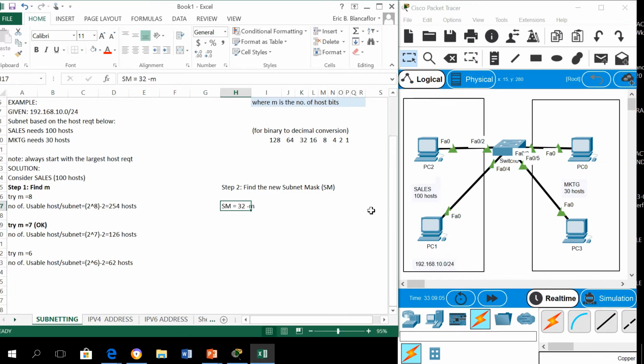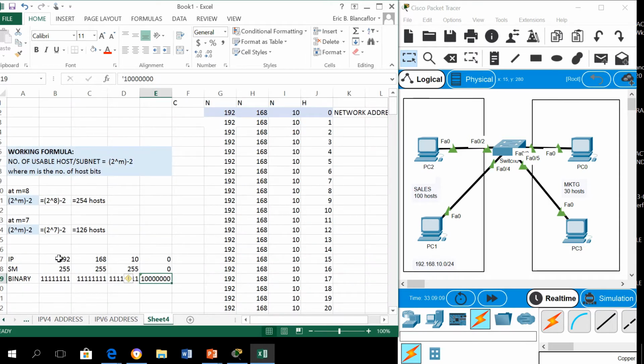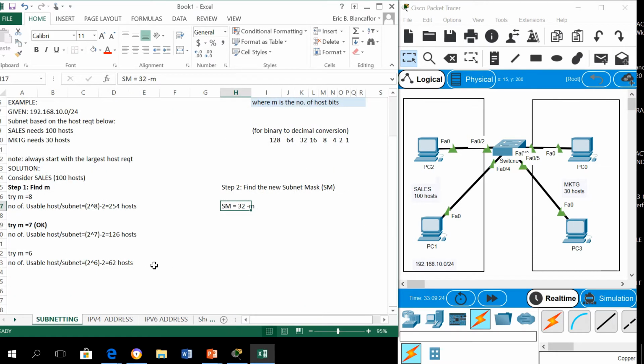Take note that there are 32 total bits: 8, 16, 24, 32. You subtract the M, and you will get the number of ones, and these ones are the ones that represent our subnet mask.